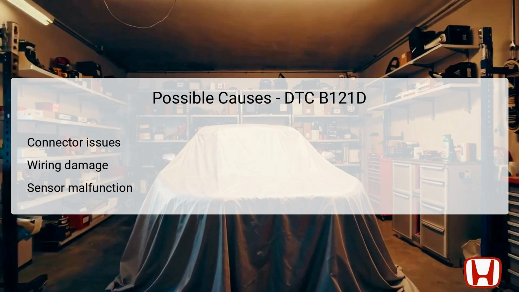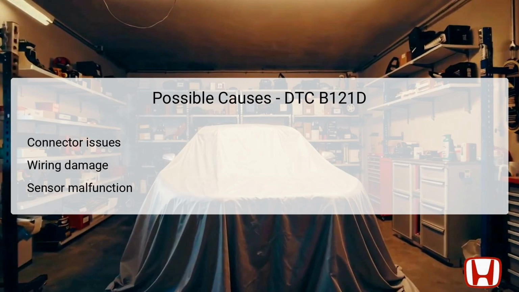Several potential causes can lead to the triggering of DTC B121D. Connector issues often arise from corrosion or improper connections, which can impede communication between the humidity/in-car temperature sensor and the climate control unit. Damaged wiring is another common culprit.